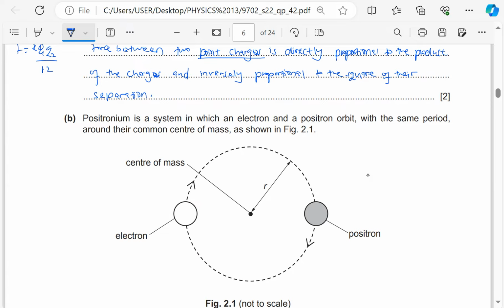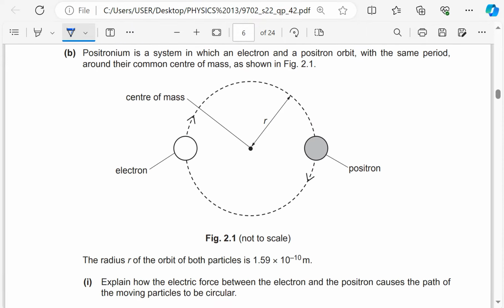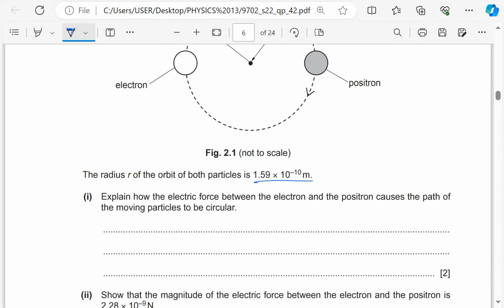So positronium is a system in which an electron and a positron orbit with the same period around their common center of mass as shown in the figure. The radius r of the orbit of both particles is 1.5 times 10 to the power of minus 10 meters. Explain why the electric force between the electron and the positron causes the path of the moving particles to be circular.